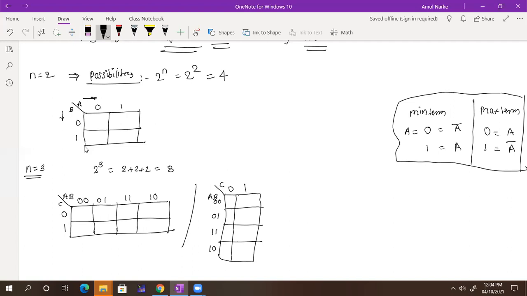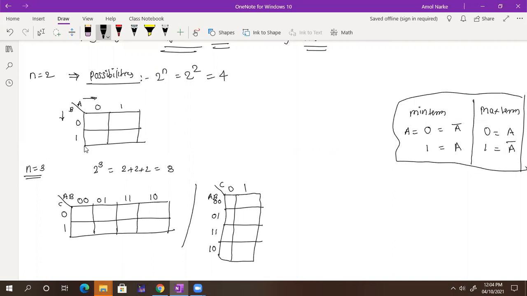Everyone understand how we draw a table? Yes or no? Yes, sir. Okay. Sir, means for AB, we need to remember this order 0, 0, then 0, 1? Yes. If n is equal to 3, this is your order: 0, 0, 0, 1, 1, 1, 1, 0.